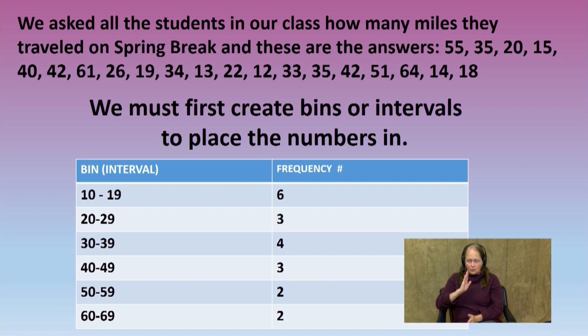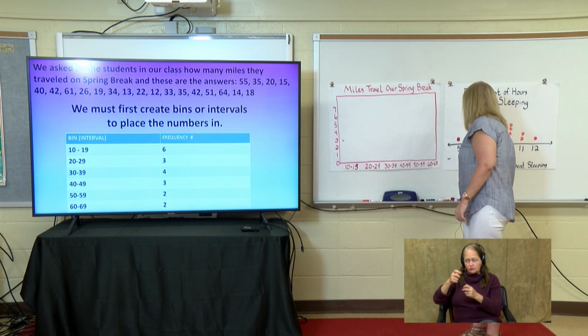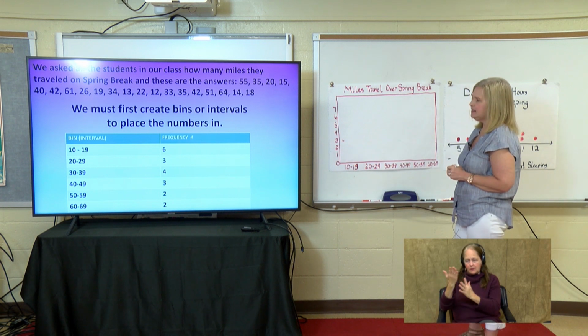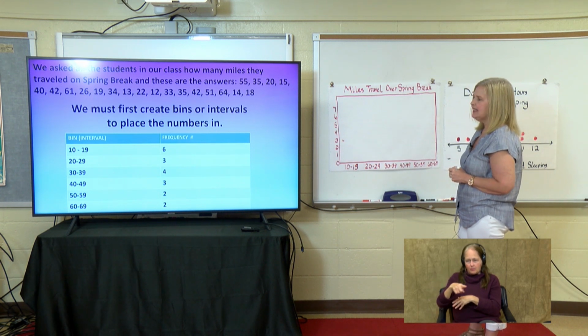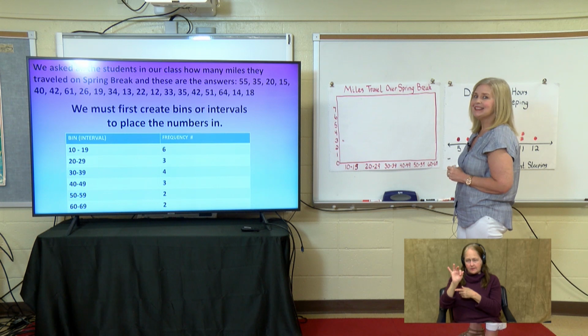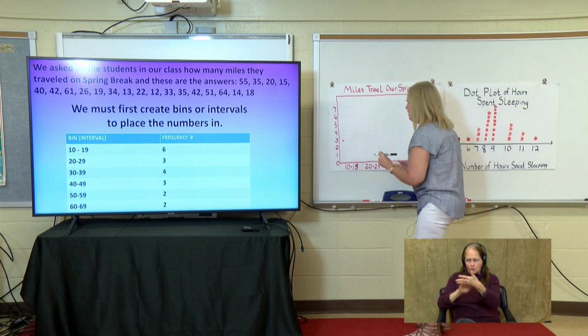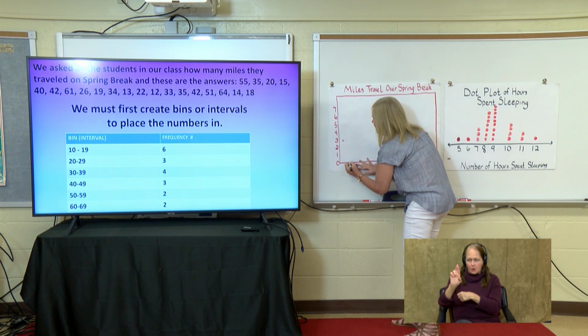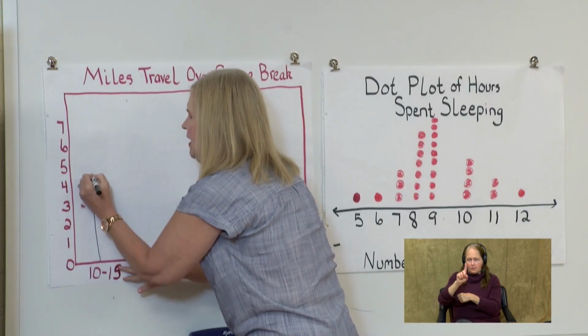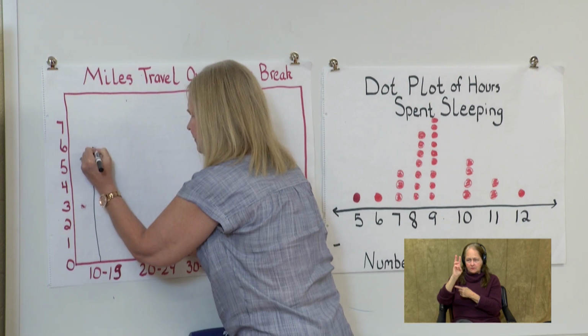And we're looking at miles traveled over spring break. So what we're going to do on this is look at 10 to 19, and we get 6. So what you do with your graph is you make a bar, and you go all the way up to the 6.